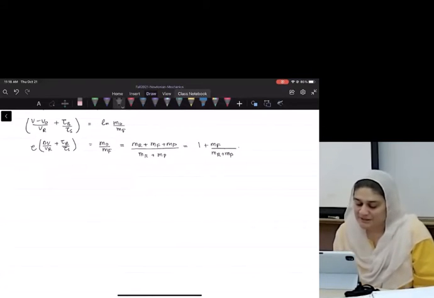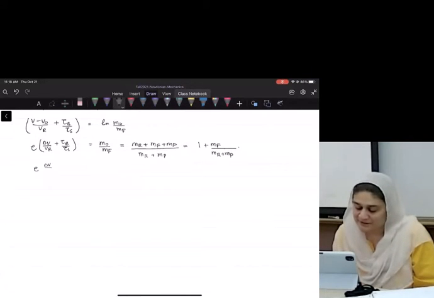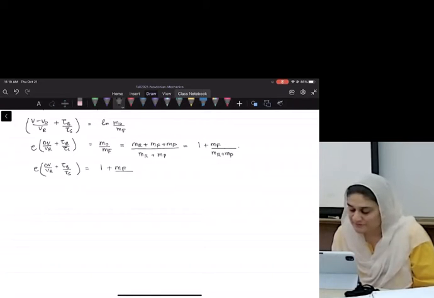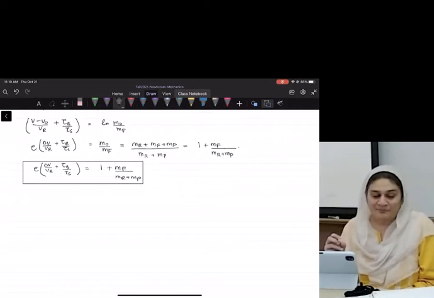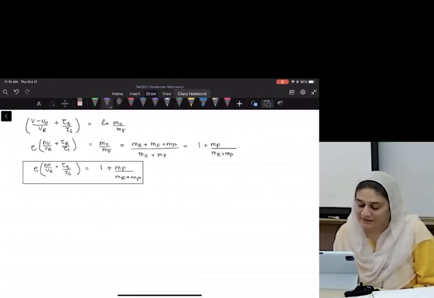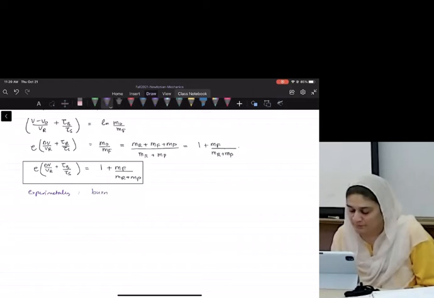That means E to the power delta V over VR plus TB over TS equals 1 plus mass of the fuel divided by mass of the rocket plus mass of the payload. Now, experimentally we find burnout time is about 10 minutes.